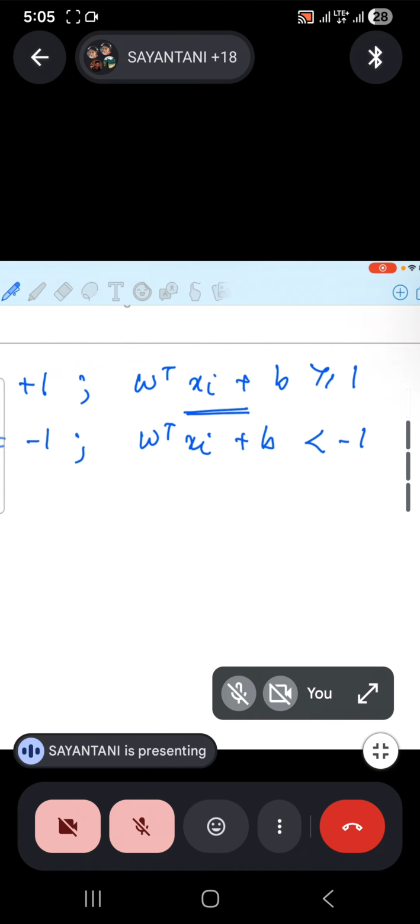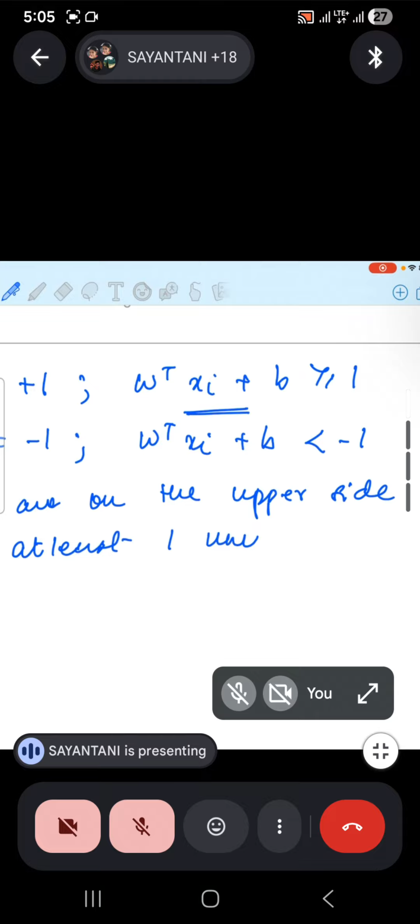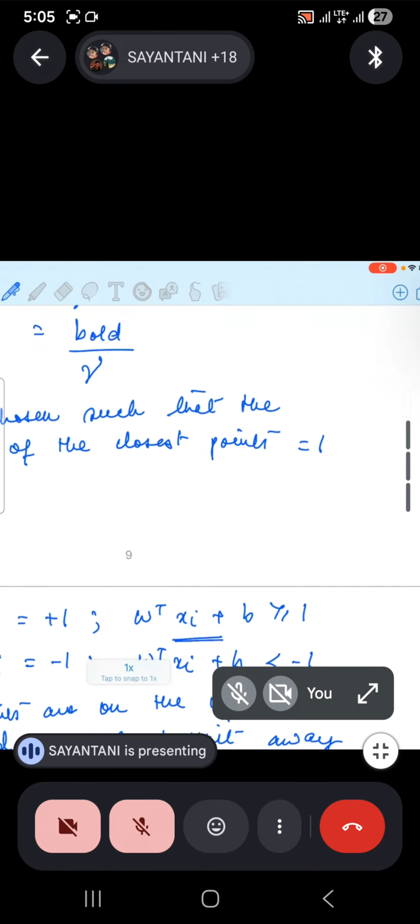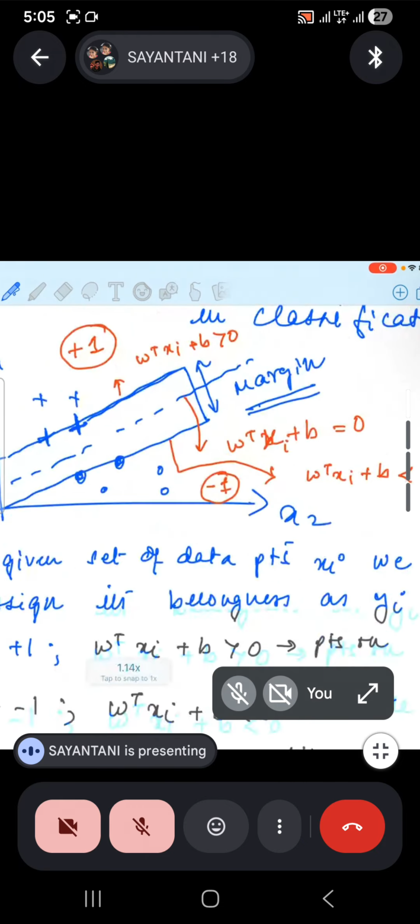That means the points are on the upper side and at least 1 unit away from the decision boundary.